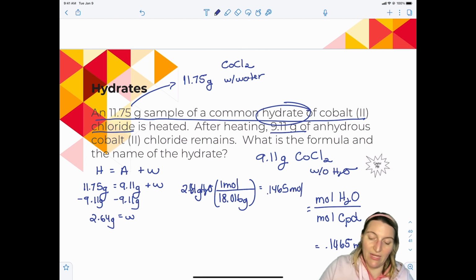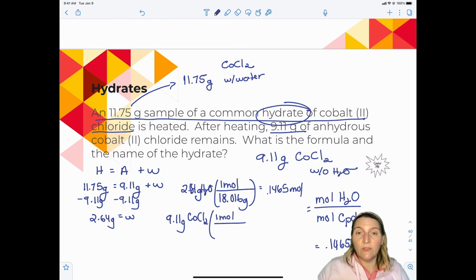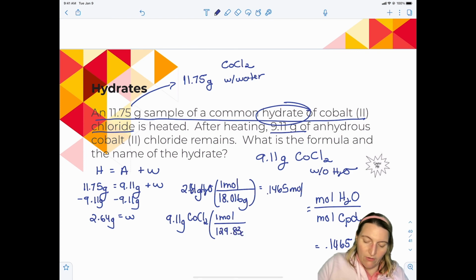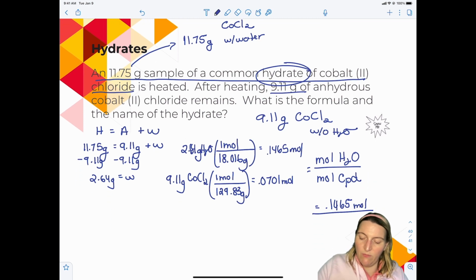And now the mass of the anhydrous compound, this 9.11 grams, that was the cobalt 2 chloride, CoCl2. I convert that. So I divide by the molar mass of the cobalt 2 chloride, which is 129.83 grams. And so the moles of that is 0.0701. So it's the moles of the water divided by the moles of the compound. And when I divide those two, I get the number 2.